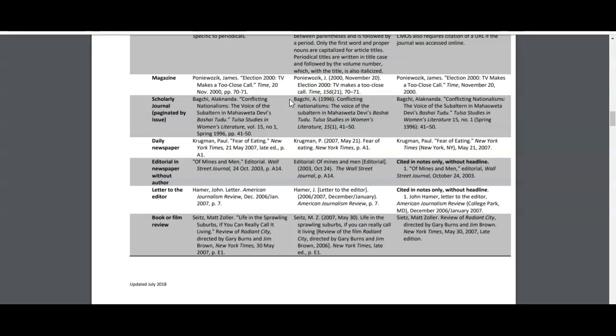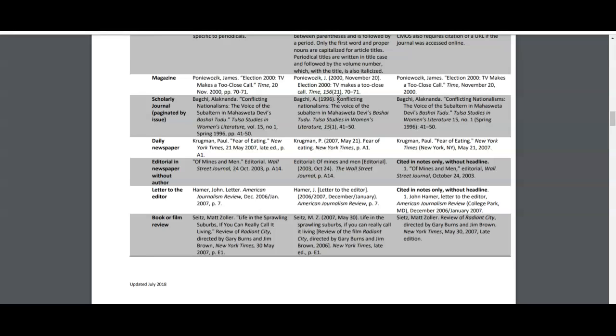So a big difference within a journal versus the book is the way that we format the title. It is not italicized because you italicize when you use the whole work of something. With a journal article, the article itself is not italicized, but the journal title will be because that is the entire work.